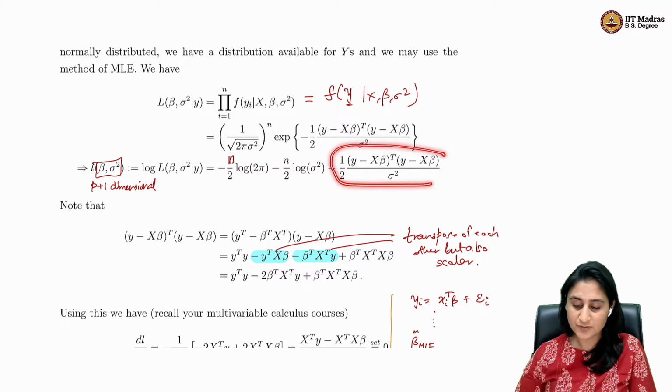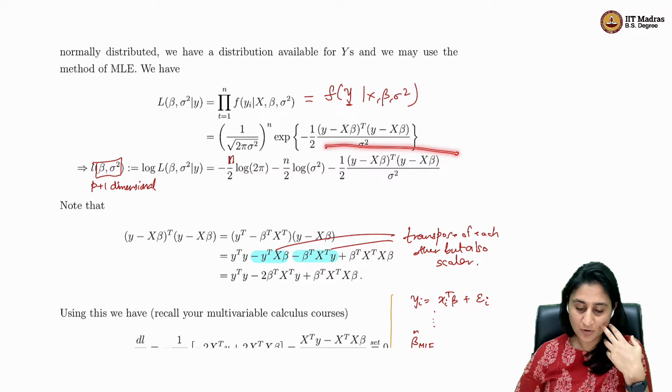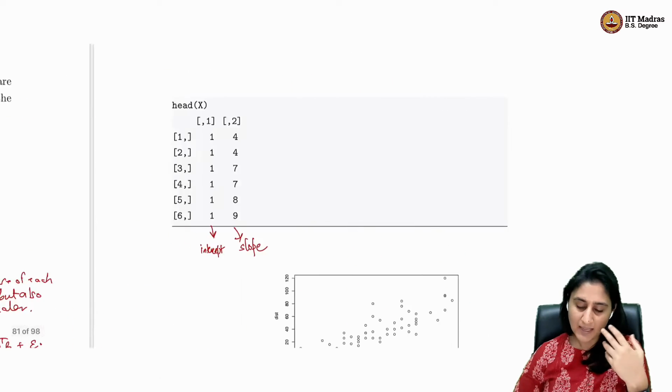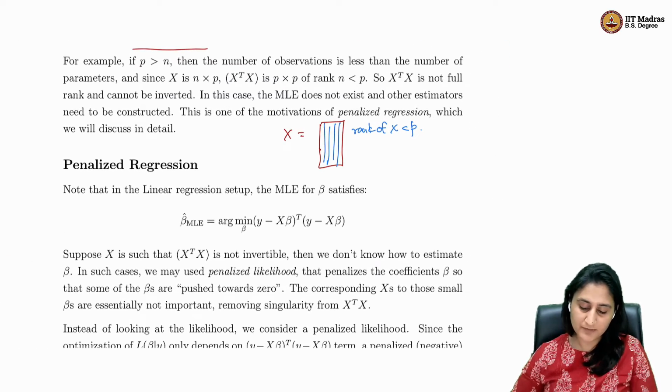We only had this function of beta, and where it gets maximized doesn't depend on sigma squared. So in order to find the maximum of this term, I can just minimize the term inside. And so that's really what's going on: beta hat MLE is the argument that minimizes (y minus X beta) transpose (y minus X beta).